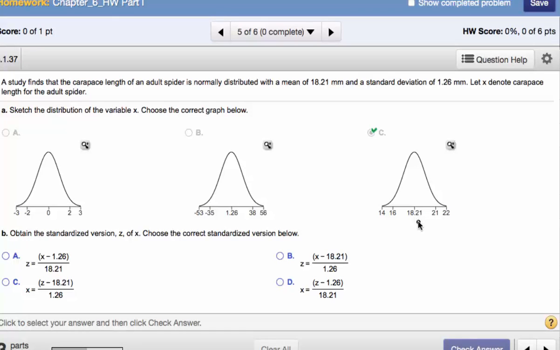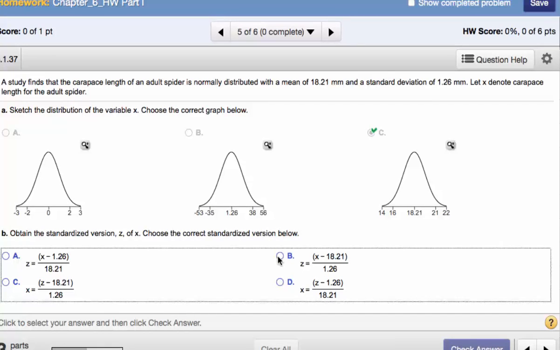That's the formula we've done: x minus the mean over the standard deviation. Which one of those is that? That looks like B to me. Because 18.21 minus 18.21 gives us our 0. And if we're one standard deviation up, at 21 or whatever one standard deviation is, 21 minus 18.21 divided by the standard deviation gives us 1.